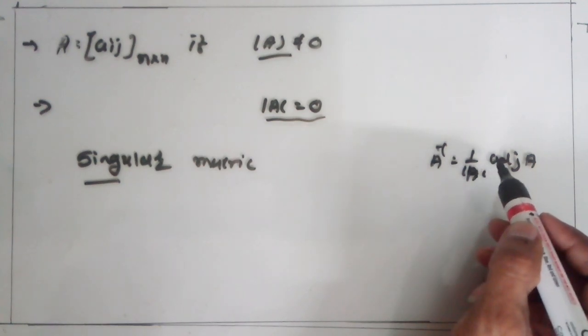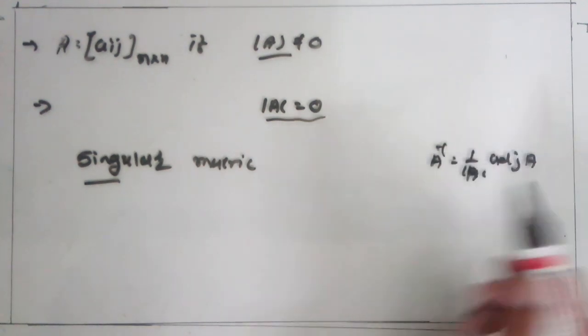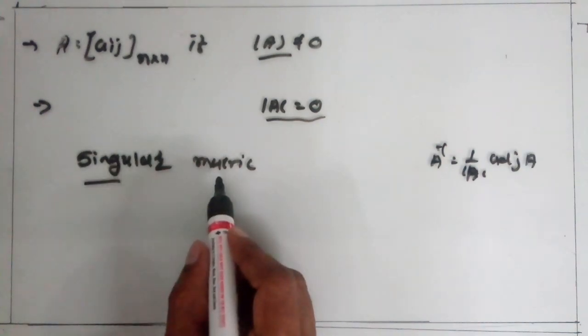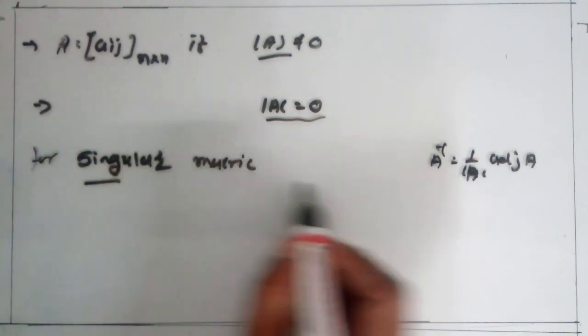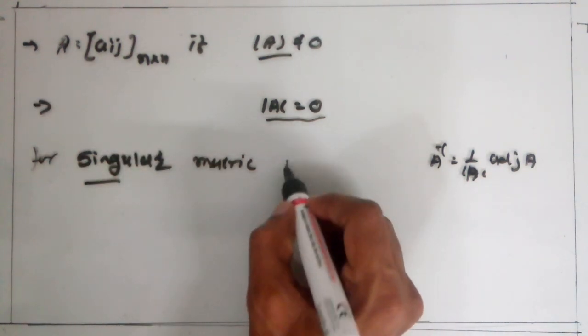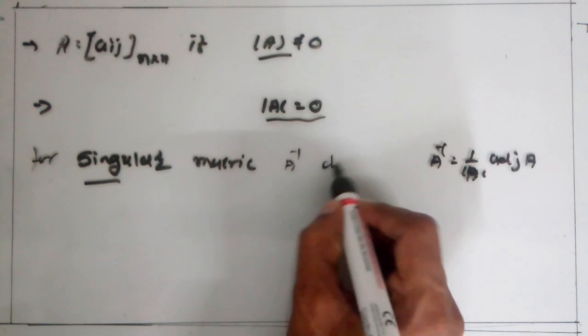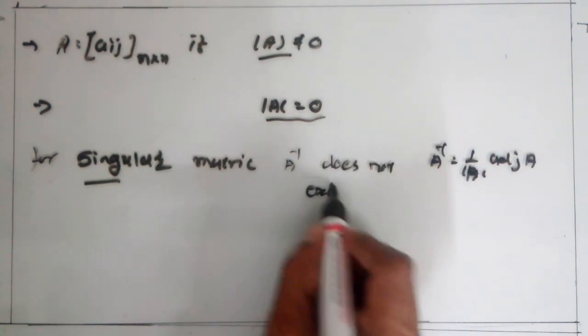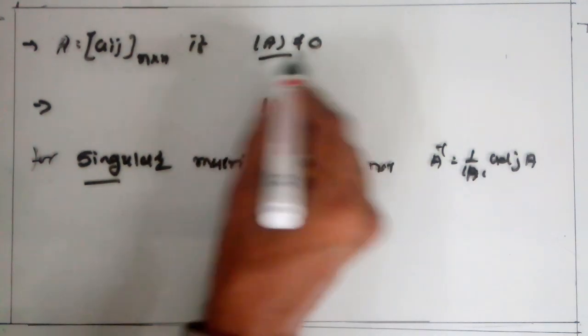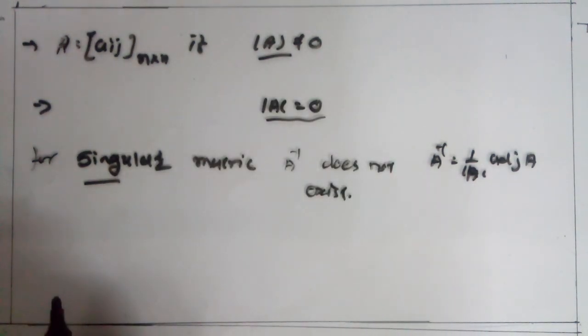So in this case, the inverse does not exist. That is, for a singular matrix, A inverse does not exist. Clear? If the determinant of A is not equal to 0, that means A is a non-singular matrix, then the inverse exists. Okay?